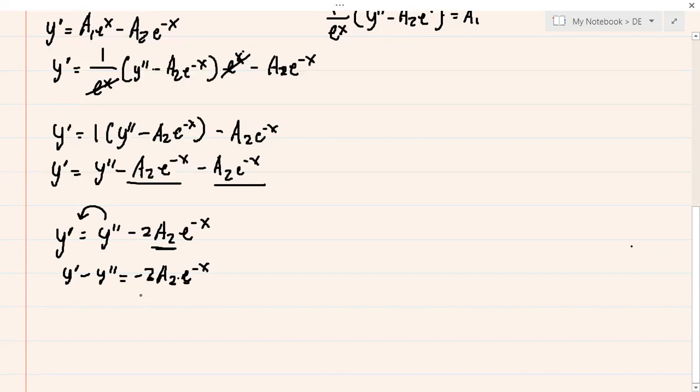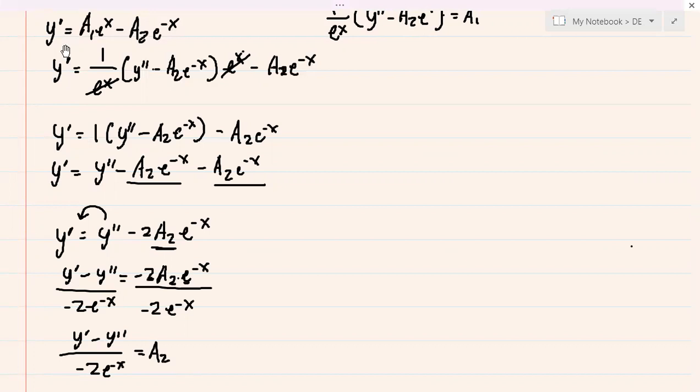Then, para mahanap natin si a sub 2, i-divide natin si equation by negative 2 times e raised to negative x on both sides. Therefore, meron na tayong y prime minus y second prime all over negative 2 times e raised to negative x is equal to a sub 2.